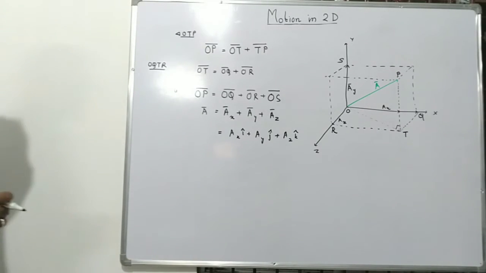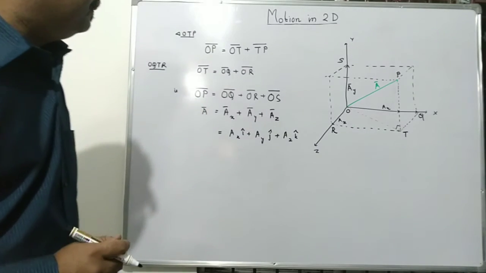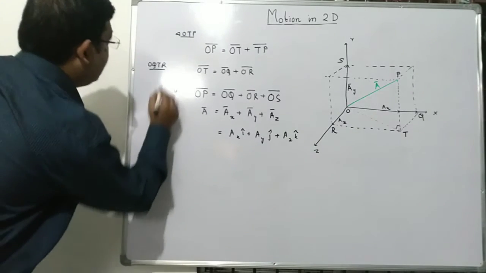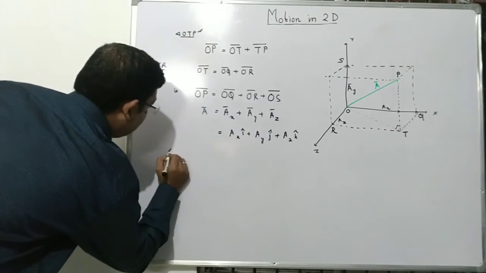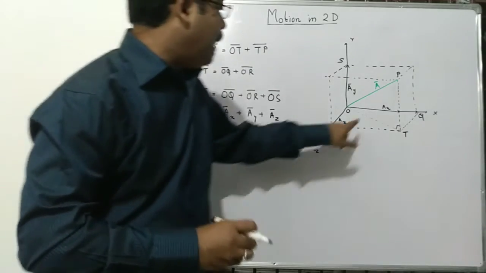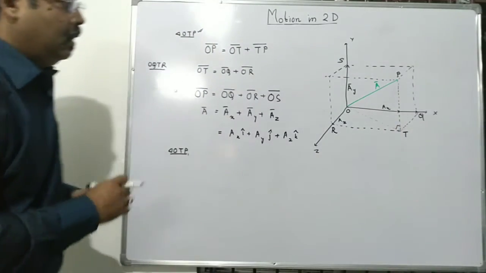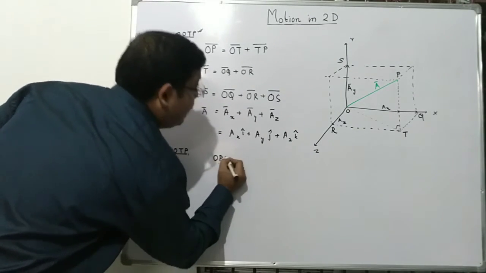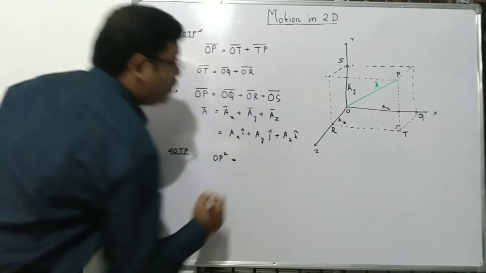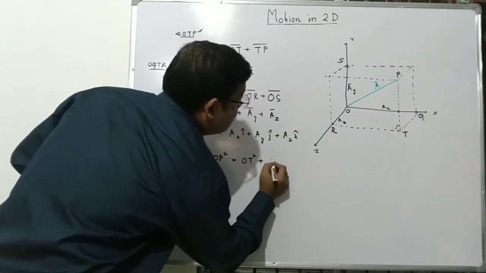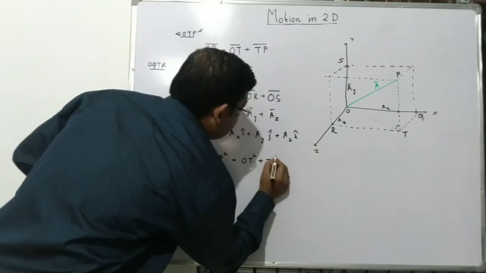Now to find the magnitude of this vector, let's consider the triangle OTP, which, as we have said, is right angled, with angle T being the right angle. So using the Pythagoras theorem, OP squared equals OT squared plus TP squared.